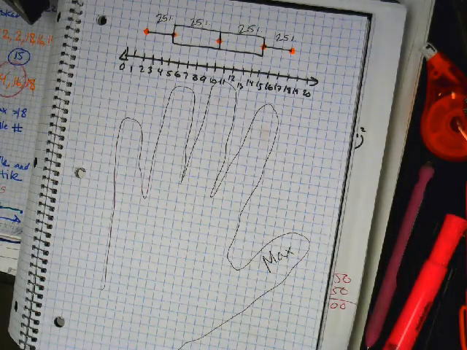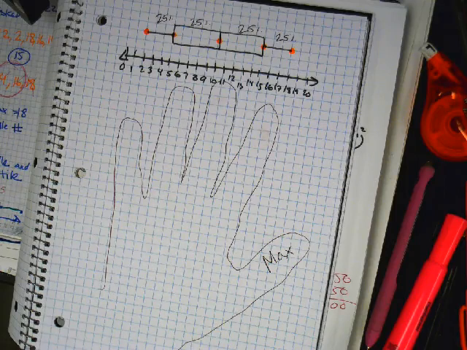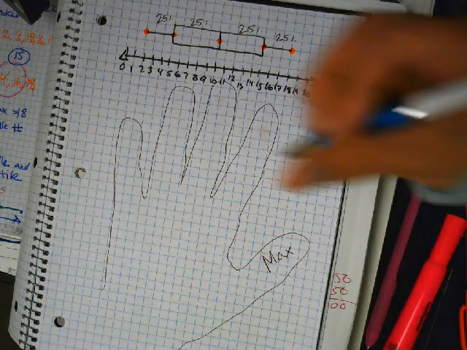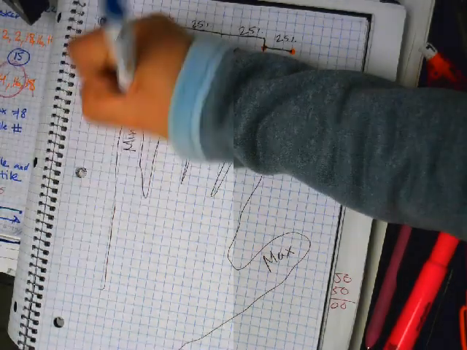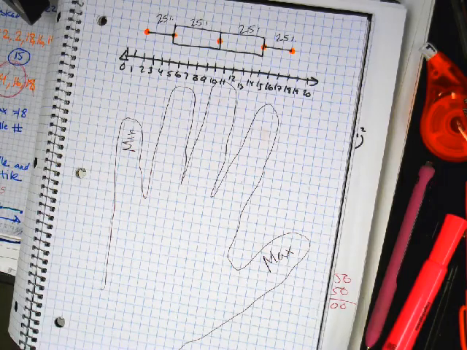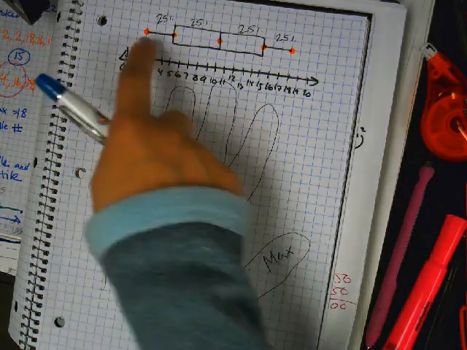Your thumb has the maximum power. So when I'm looking at your box and whisker plot, whichever is on your thumb, the fifth dot, that's your maximum. Which one has the weakest power? Pinky. So we call the pinky the minimum. This is a way to help you remember what each dot means.